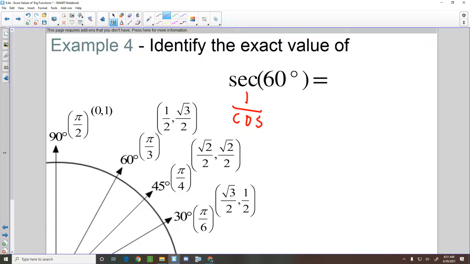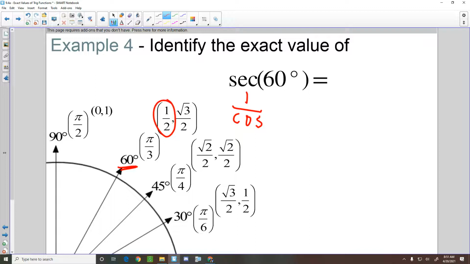So go to 60 degrees. It's right here. Look at the x coordinate. It's 60 degrees. And that's 1/2. And so then, I'm not asking for the cosine though, so I don't want 1 over 2. I want the secant, the reciprocal of it.